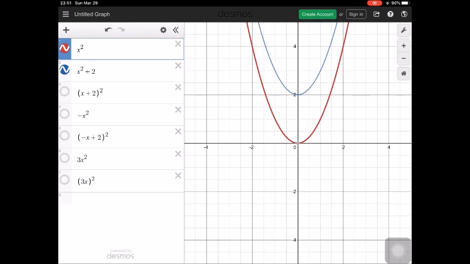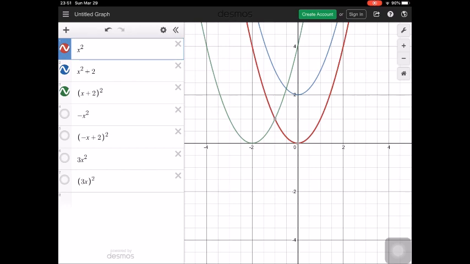Now, what do you think should happen for function number 3, where we have (x plus 2) squared? When we have the plus 2 inside the parentheses with the x. If you see this graph, you're going to see that the function moves 2 units to the left, right? So that sounds a little bit counterintuitive. We're going to see that in a while.